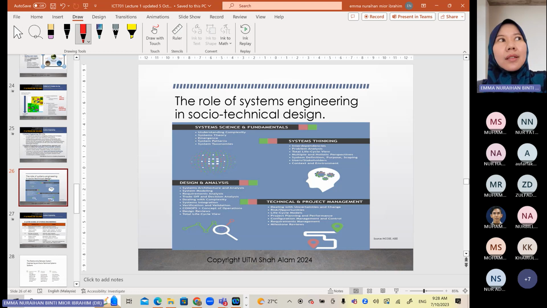Secanggih mana apa orang kata the science of computer ni, okay, there are certain things that God made us as a human yang tak boleh di-emulate by machine. Iaitu emotions, okay, the empathy. Empathy ni susah nak di-emulate oleh machine.